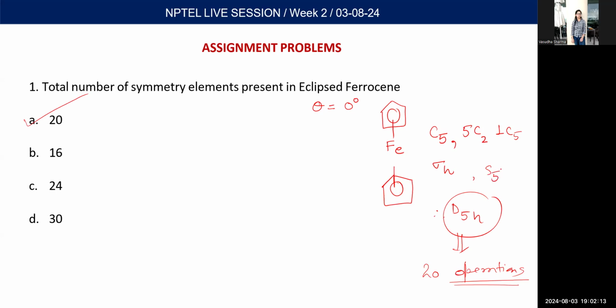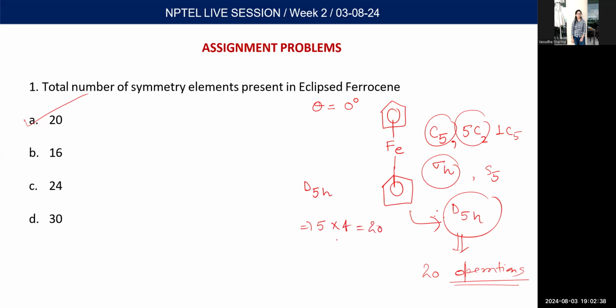You just try to find out. You should know the structure of your molecule, and if you know the main things you need to find, you will end up with D5h. And a trick to find the number of operations quickly: if you have Dnh, you just multiply n by 4, so for D5h you get 20.